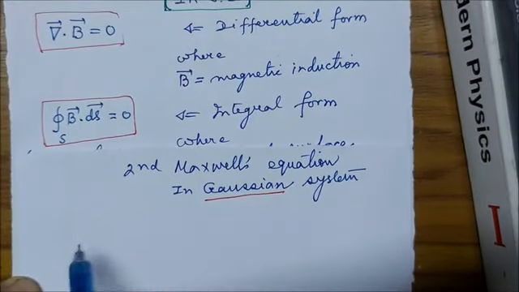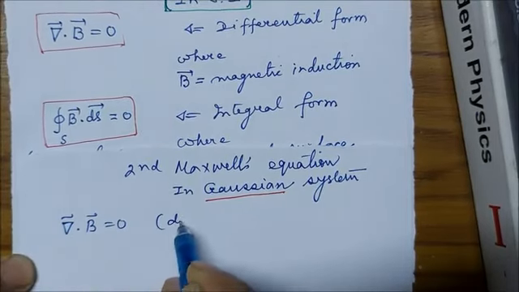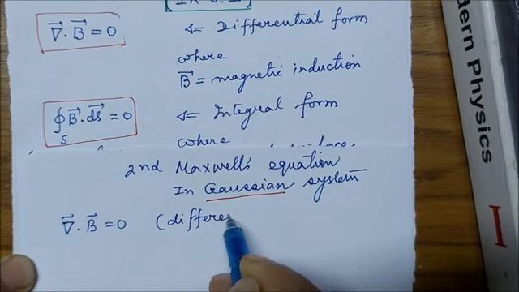And it is the same. So divergence B equal to 0. This is the differential form.